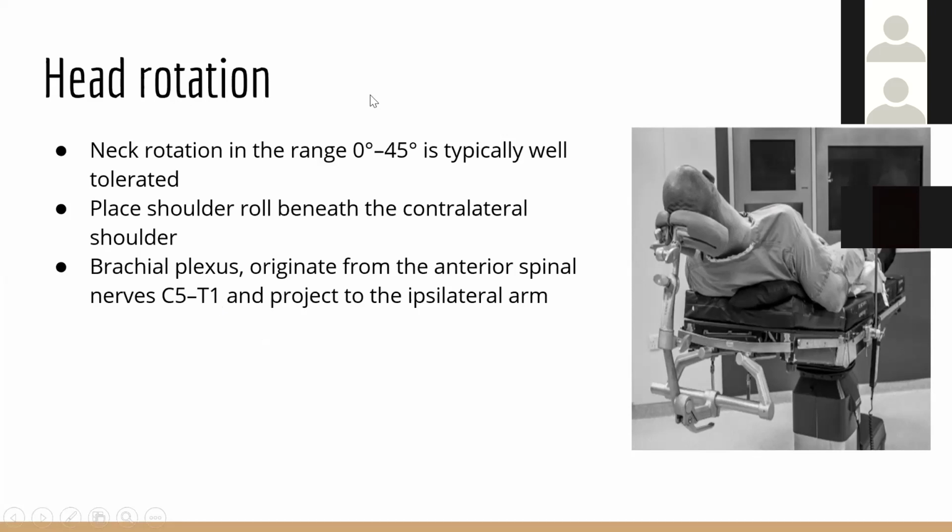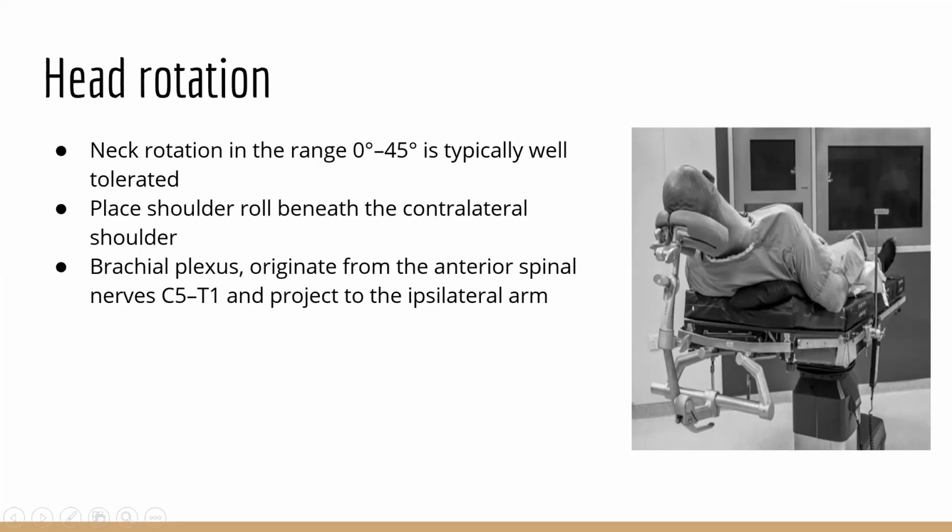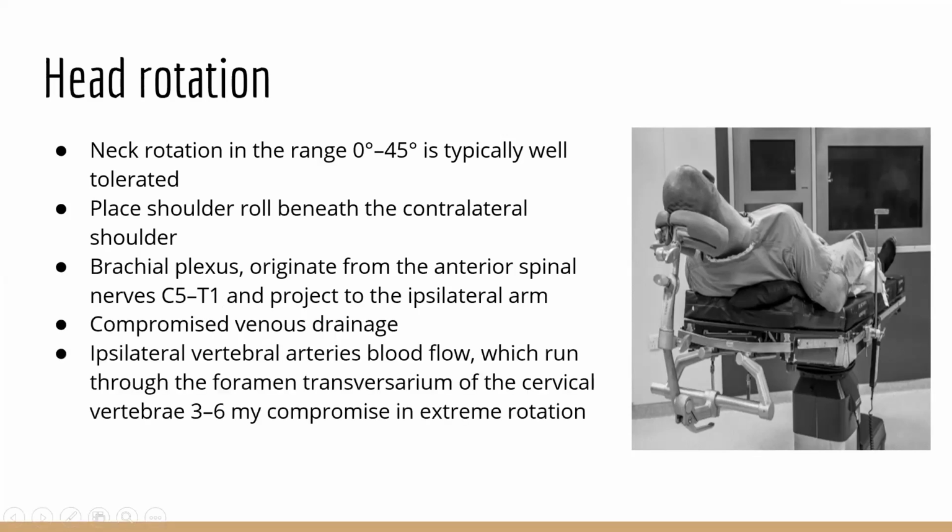If there is extensive rotation to the other side, there is a risk of contralateral brachial plexus injury. There can also be a reduction in arterial blood supply on the ipsilateral side if there is extreme rotation. So always try to keep the head and neck within 0 to 45 degrees.